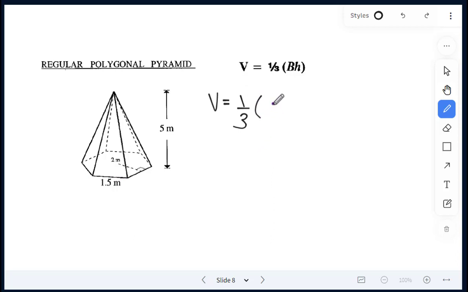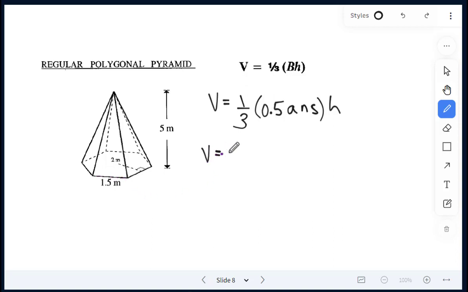So recall, area of a regular polygon is 0.5 ANS, multiplied by H being the height. A is the apothem, so 2 meters. N is number of sides, six-sided, and S is side length, which is 1.5 meters.